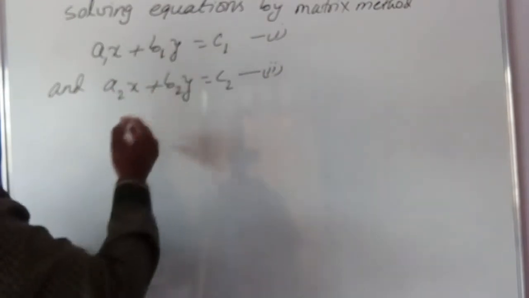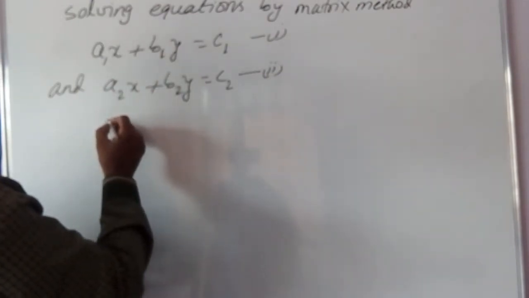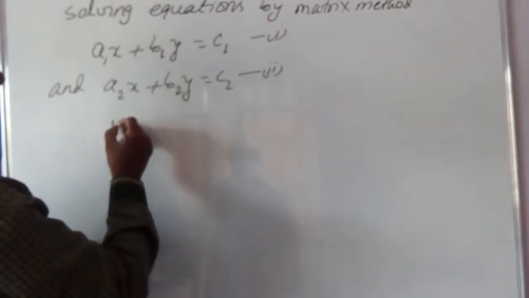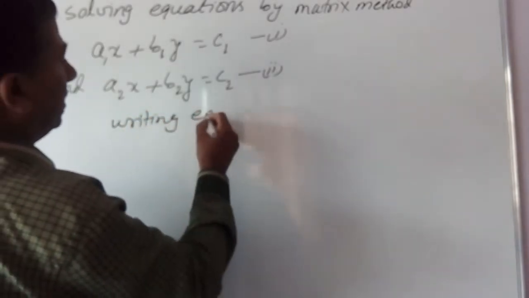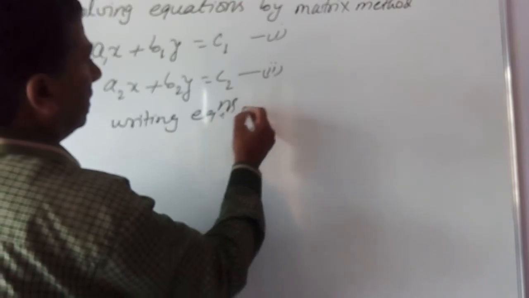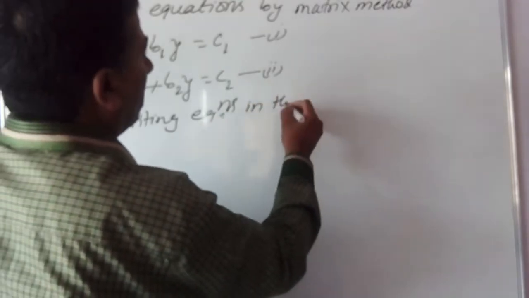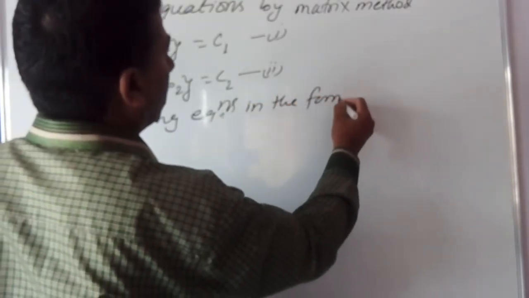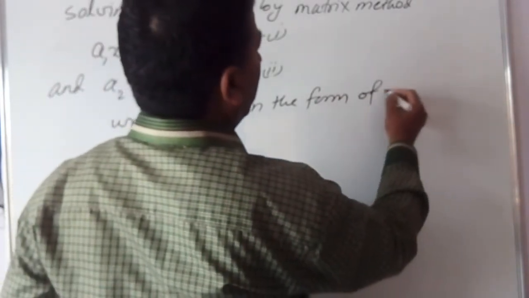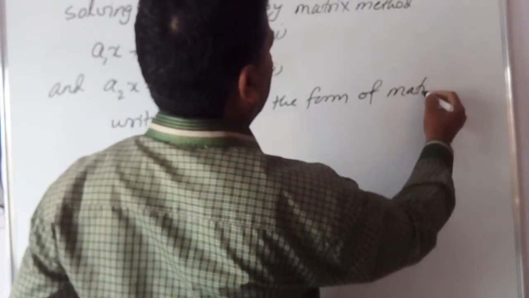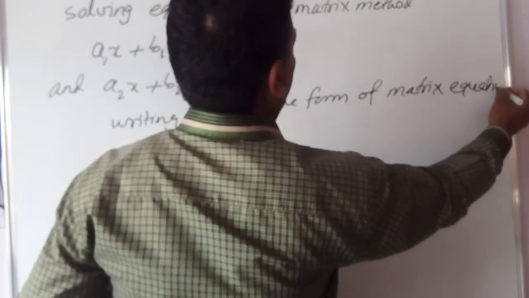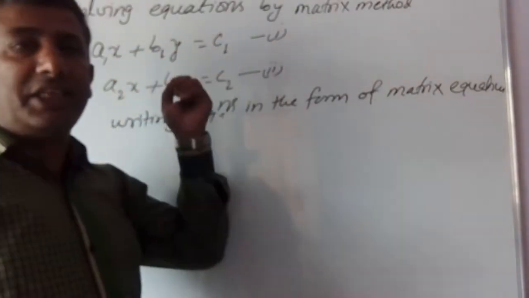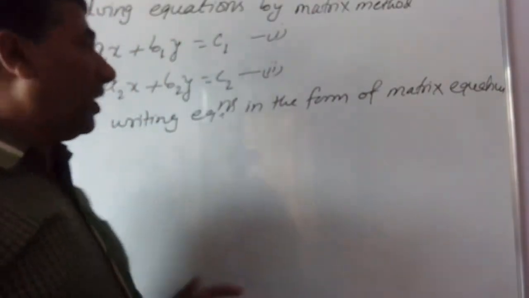Writing the equations in the form of a matrix equation. Now we are going to write equations 1 and 2 in the form of a matrix equation.